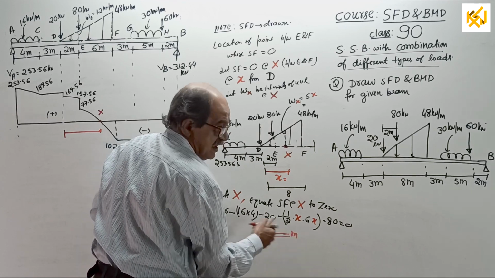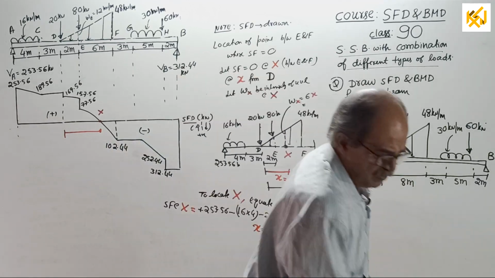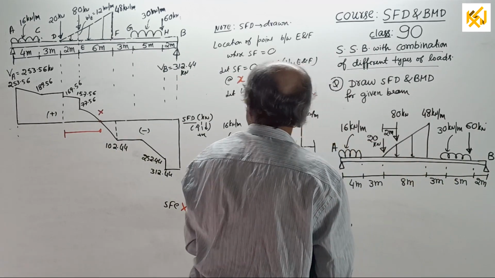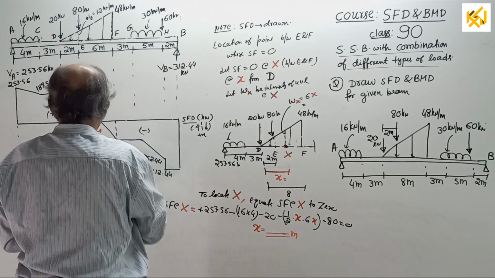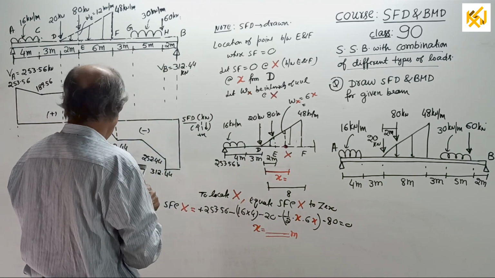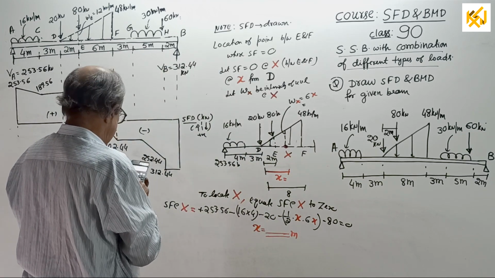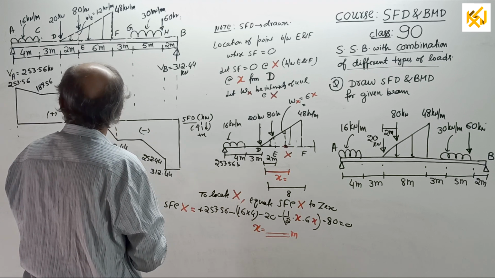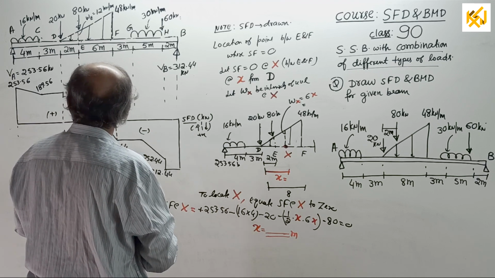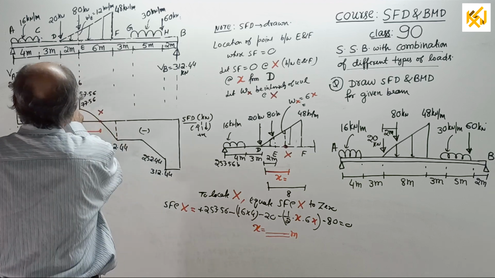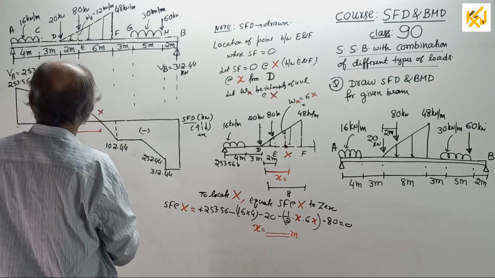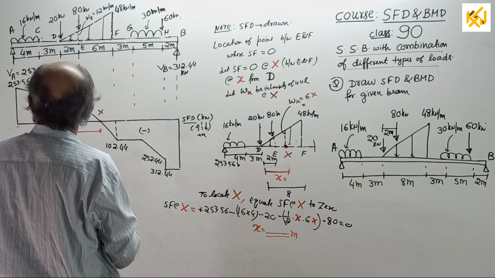X will come in meters. I will calculate. But when I calculate, see what I am doing. I will see the shear force here, 77.56. So 56 minus 80. It is 77.56, correct? No, I should see the shear force here, that is 169.56.